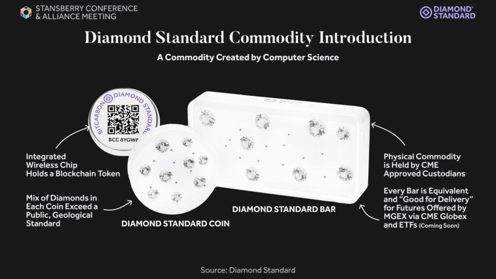Fungible means that you don't care which one you get. They're all equal. They can all be traded, and they have the exact same value. And you've had that with gold bars forever. If you trade gold on an exchange, you can't just show up with a pocket full of gold coins. You need what's called a good for delivery bar.